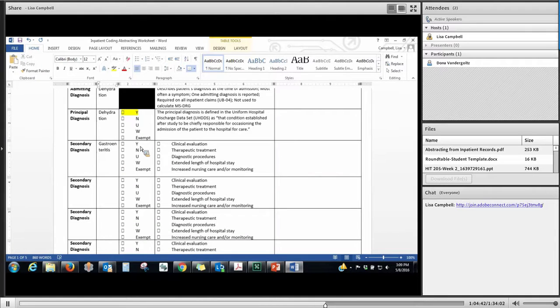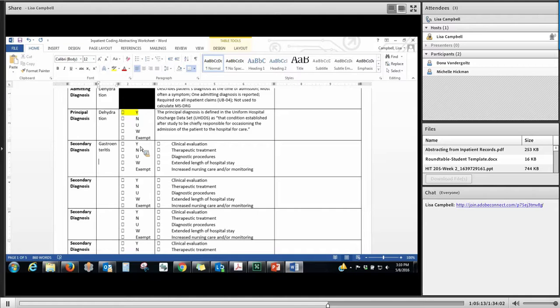if the condition was truly treated. Remember, according to the guidelines, for reporting purposes, the definition of other diagnoses is interpreted as additional conditions that affect or require clinical evaluation, therapeutic treatment, diagnostic procedures, extended length of stay, or increased nursing care and/or monitoring.